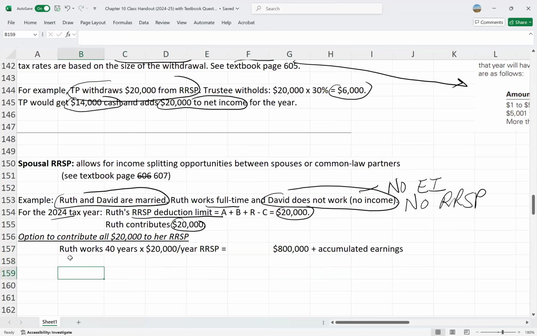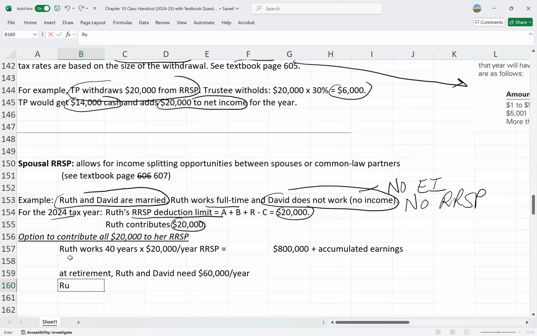And so let's say now they're going to retire. So at retirement, let's say Ruth and David need, let's say, 60,000 a year.